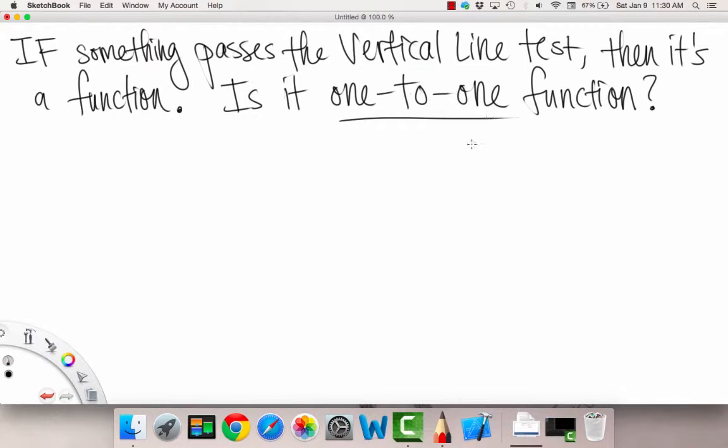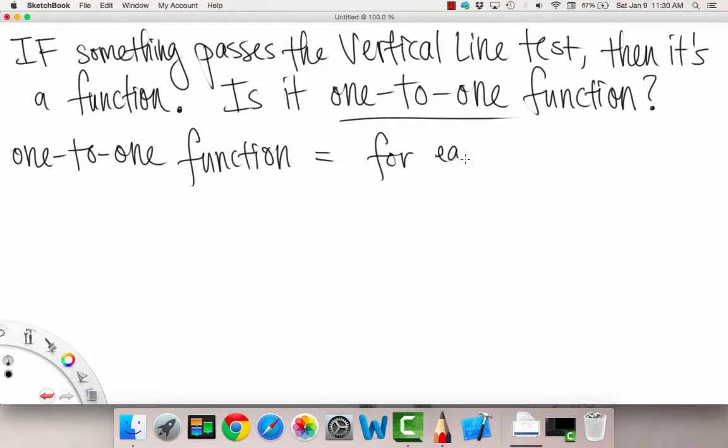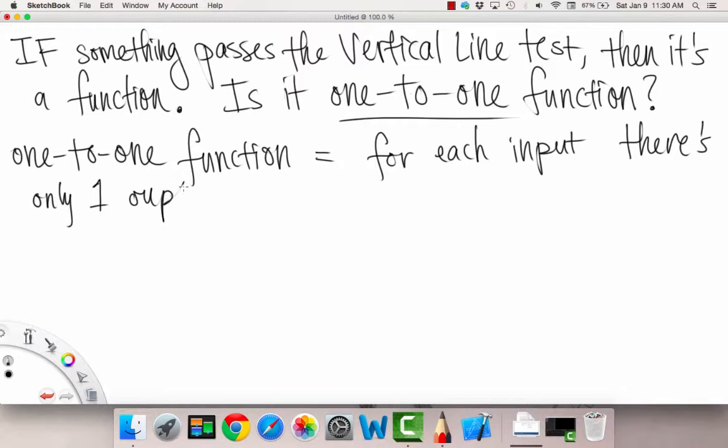Right now you're probably asking, what is a 1-to-1? So let me define it for us. A 1-to-1 function means that for each input that we put in, there's only one output.